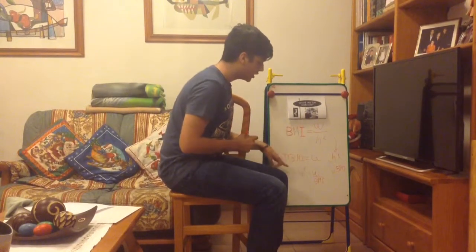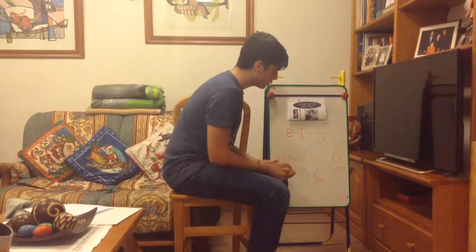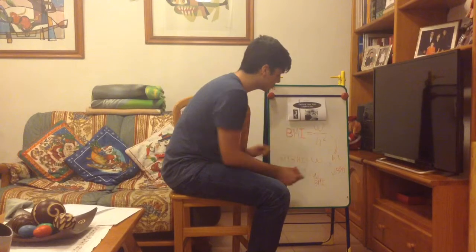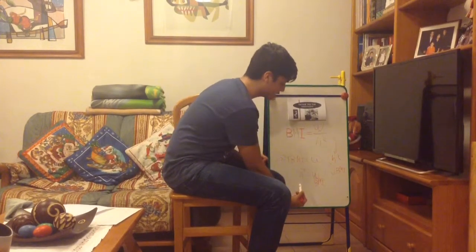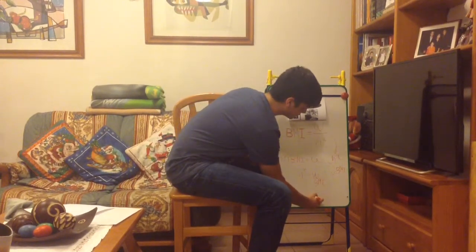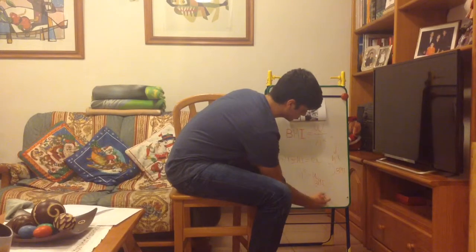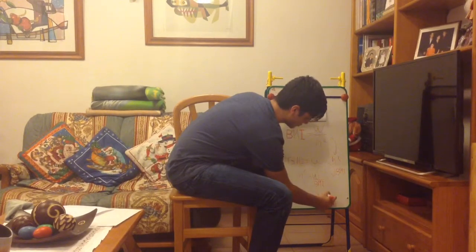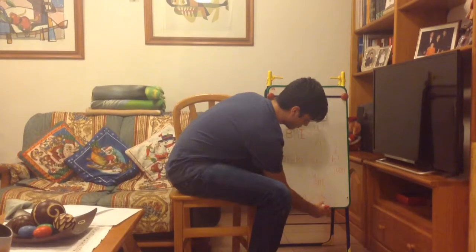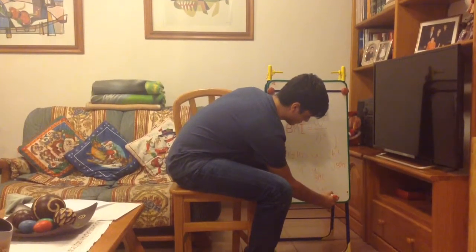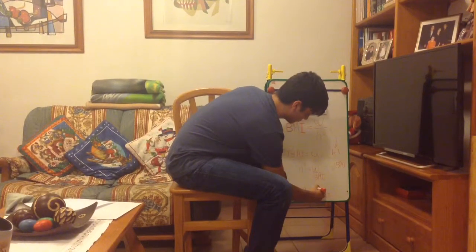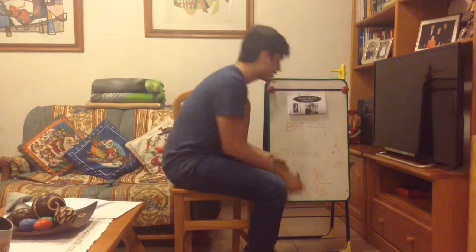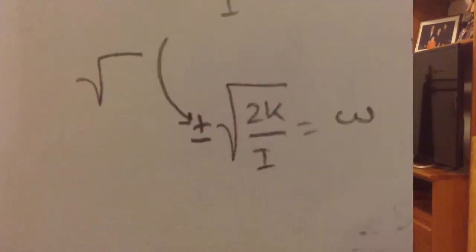Finally, we have to take the square root of both sides to have only h, not h squared. And this is the final formula.